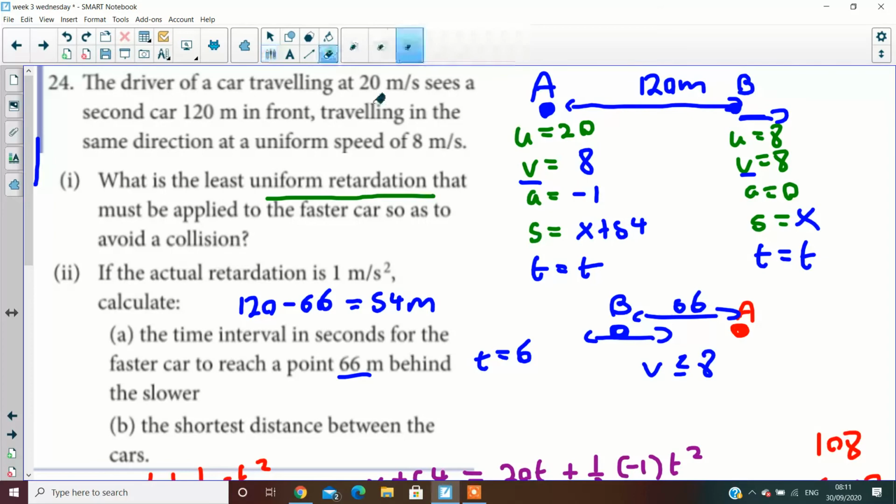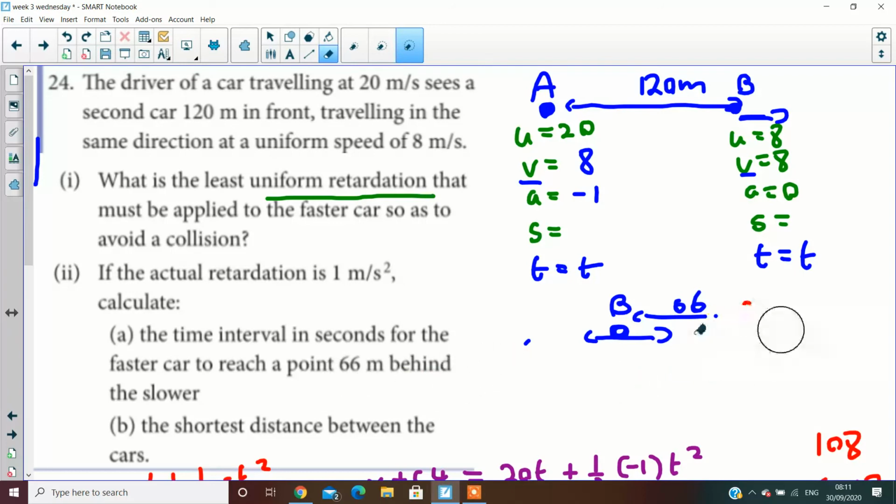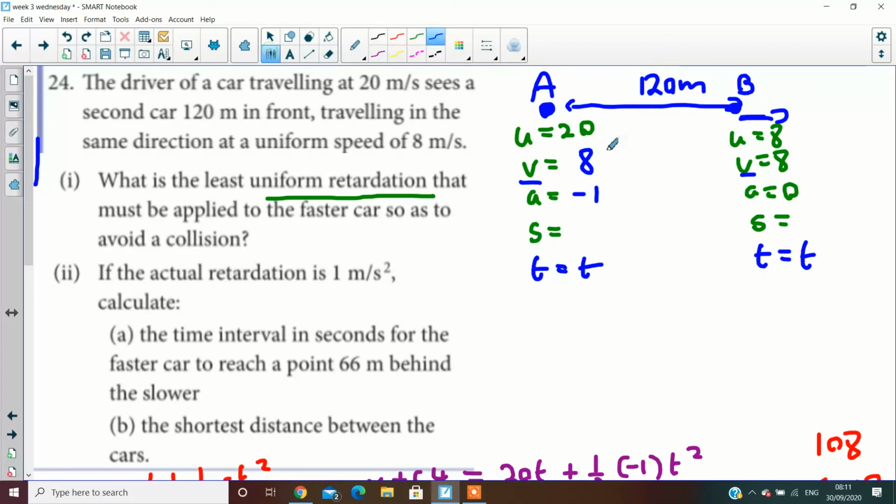All right, all this stuff is gone now. I haven't got a clue how to relate the x values this time. But what can I find out straight away though? I have enough info. I have u, v, a, one variable left, t. How can I find out the time?